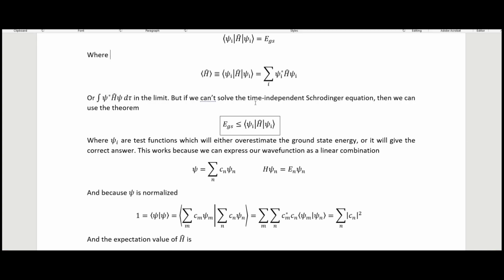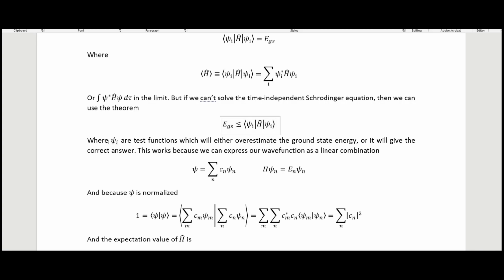But if we can't solve the time-independent Schrodinger equation, then we can use this theorem right here, which says that the ground state energy is going to be less than or equal to the expectation value of our Hamiltonian.